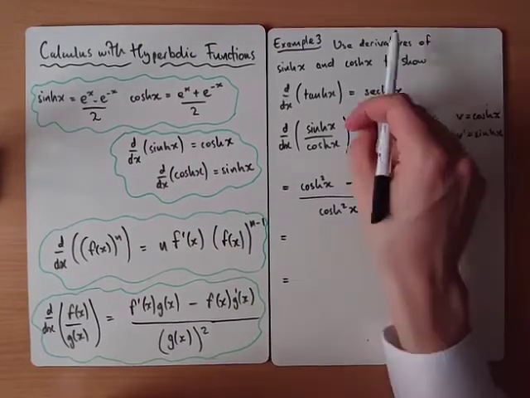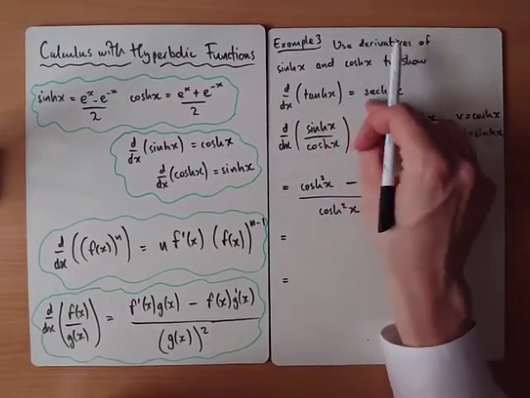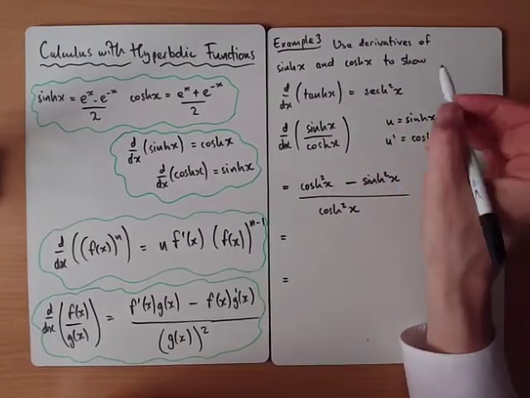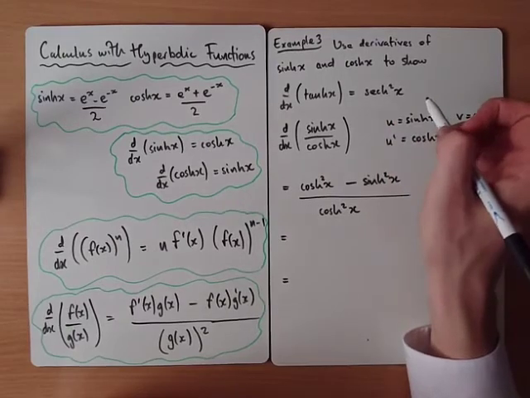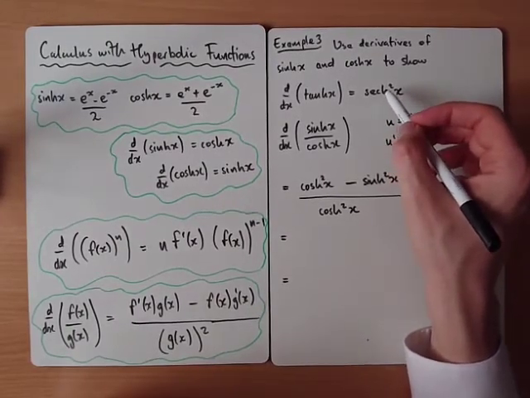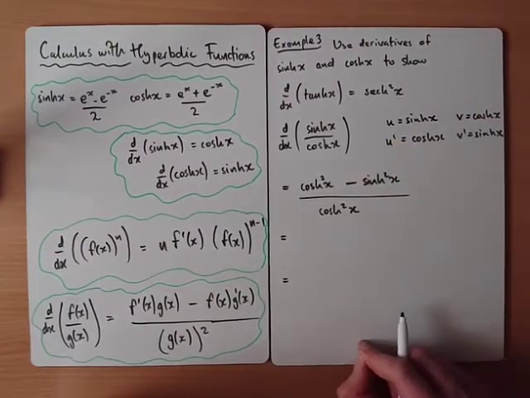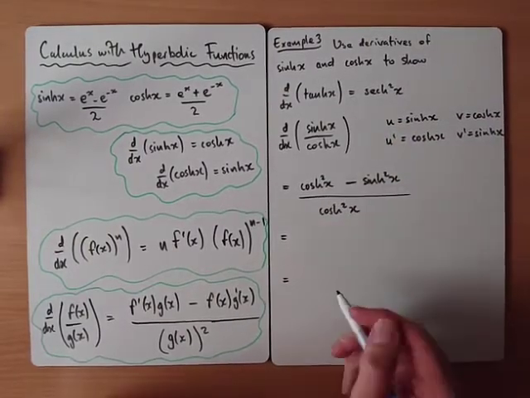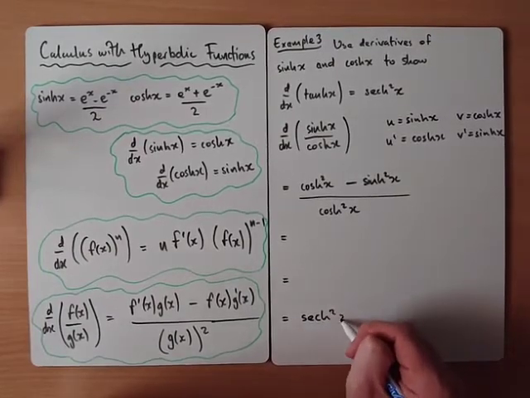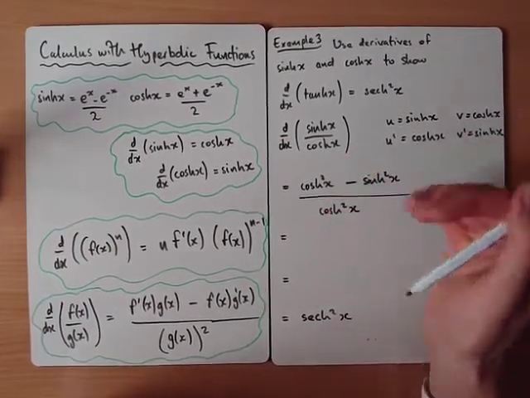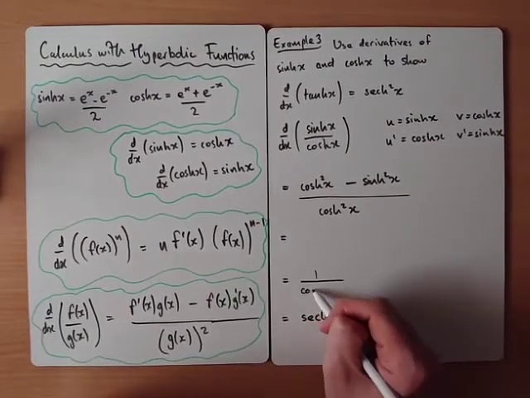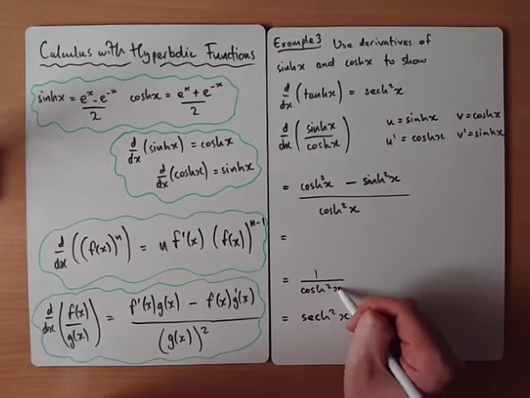There's two ways to proceed now. I'll show you two ways. Looking at what we're trying to get to, it's nice sometimes to work backwards with these show questions. We know that the answer is 1 over cosh squared x.